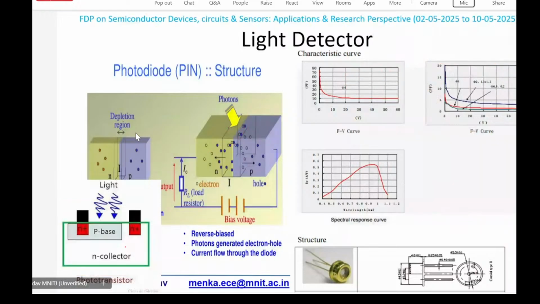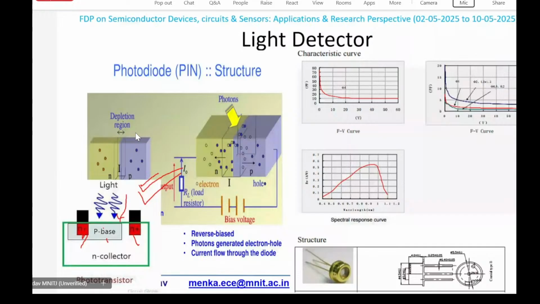In BJT you have an NPN junction. This is N, then P, and then N. So in the NPN transistor, you will be focusing on the reverse bias junction. The light is focused on the reverse bias junction, and then it will get modulated.